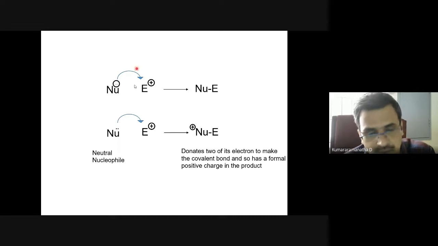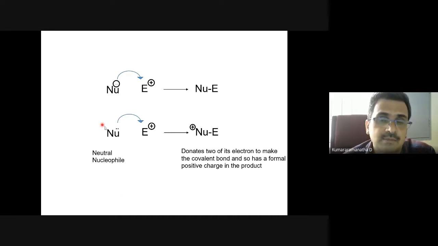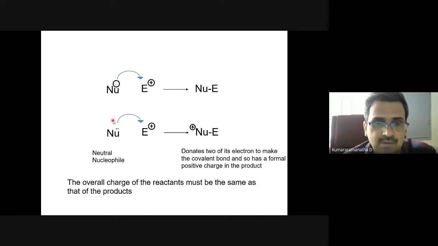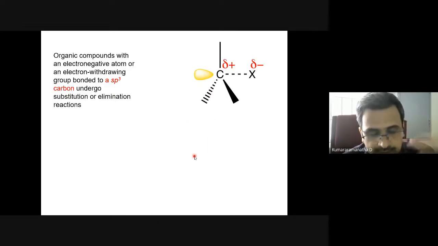Okay, so neutral and charged nucleophiles. All the time remember the charge balance is a must. Just now, we have shown A, B, nucleophile, electrophile. Let us come to organic molecules.